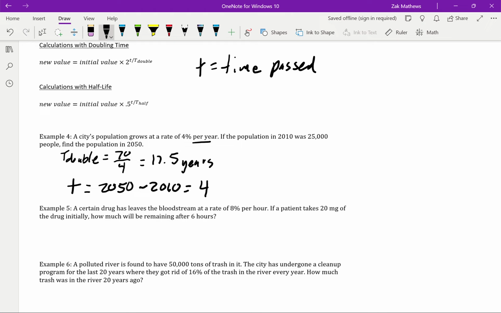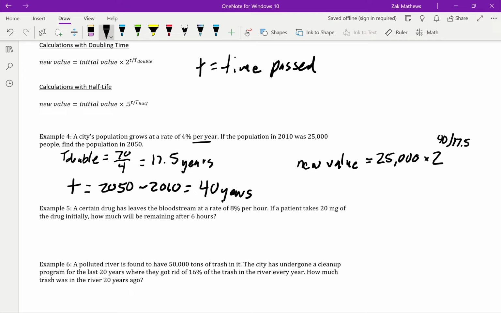That's 40 years. So now we have enough information to do this calculation. The new value will be equal to the initial value of 25,000 times 2 to the power of 40 divided by 17.5.